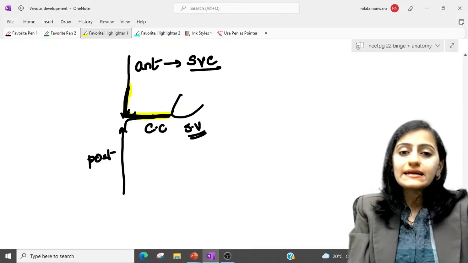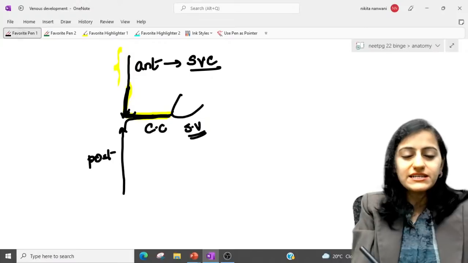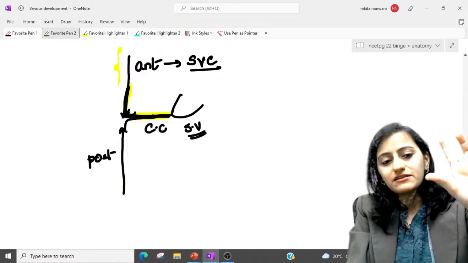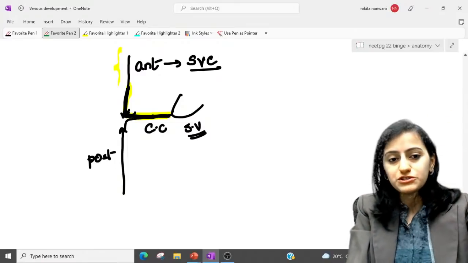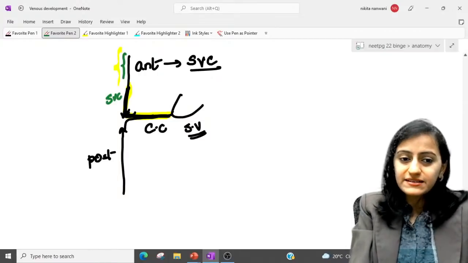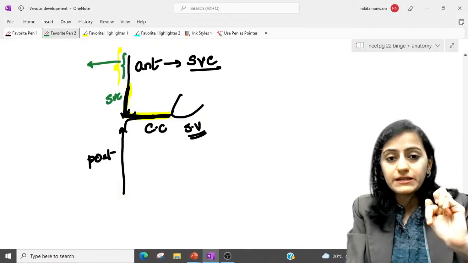Okay, and the next one, think logically and tell me, you'll be able to answer. This part of the anterior cardinal vein, the right anterior cardinal vein, will lead to development of which vein?